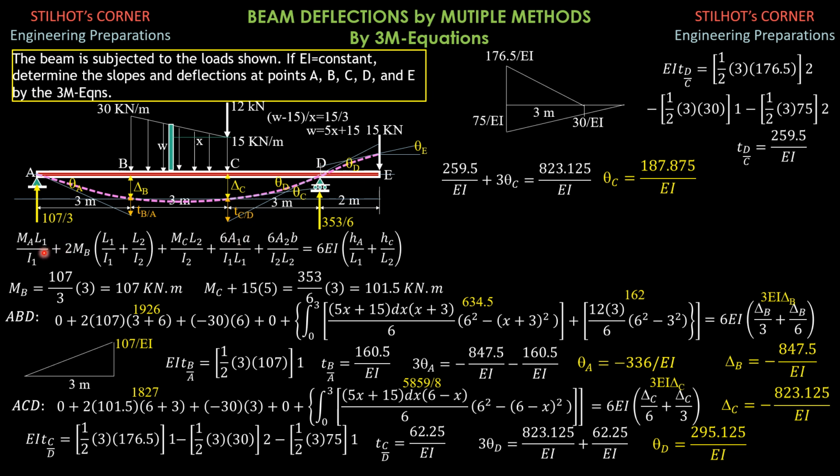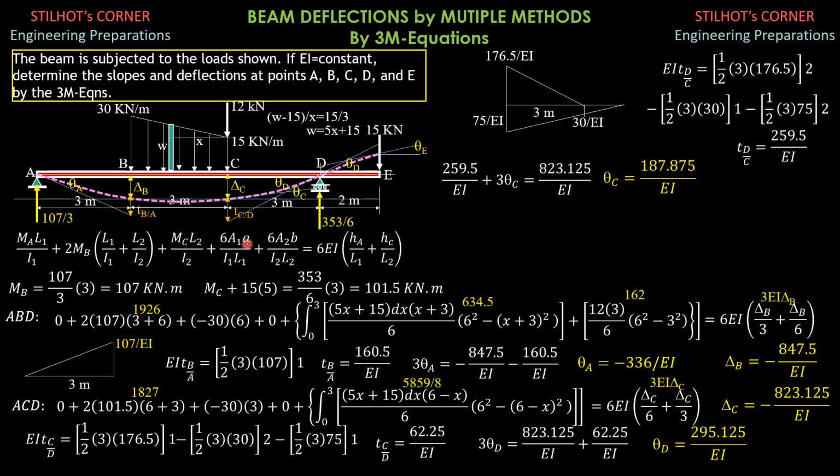So this is the three moment equation when E is constant and I is different for each segment in general. Moment at A, L1 over I1, plus 2 times moment at B, quantity L1 over I1 plus L2 over I2, plus moment at C, L2 over I2, then the value of 6 area 1A over I1 L1, which is 6 over L times moment of inertia.